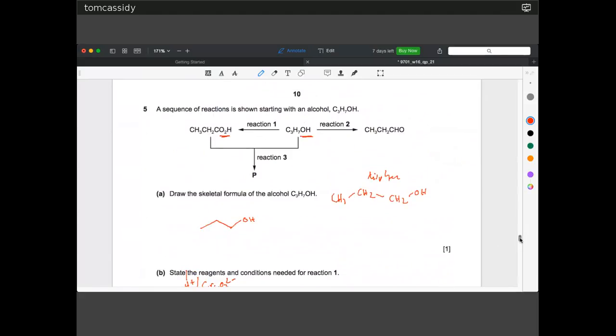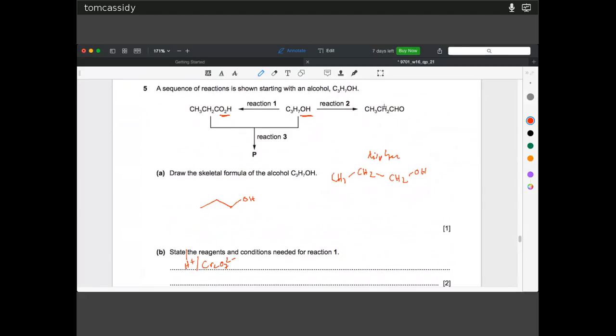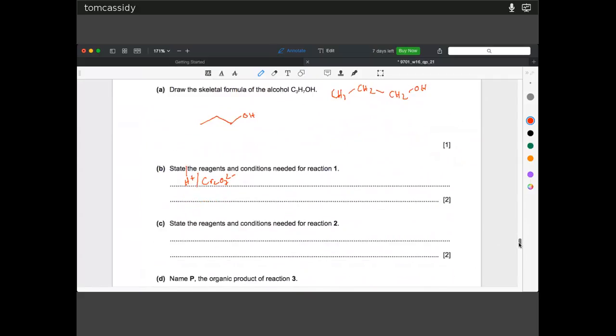In reaction 2, you're going from the alcohol to an aldehyde. Now, an aldehyde, if you kept working with it with the oxidizing agent, would eventually become the carboxylic acid. So with the aldehyde, to prevent it becoming a carboxylic acid, you've got to not only oxidize it, so these are the same conditions, same reactants, but with the aldehyde, you want to remove it as soon as it forms.